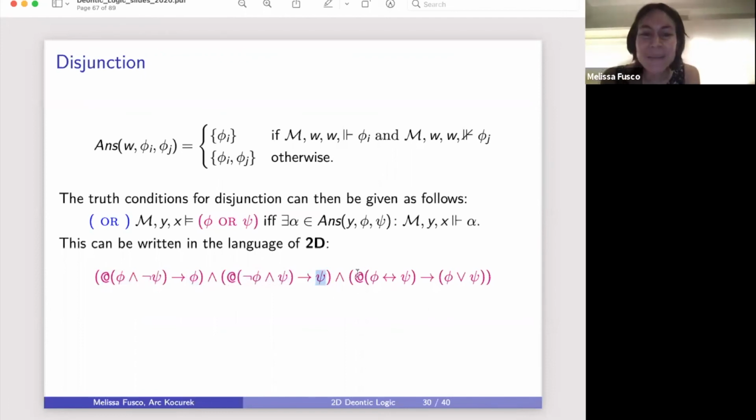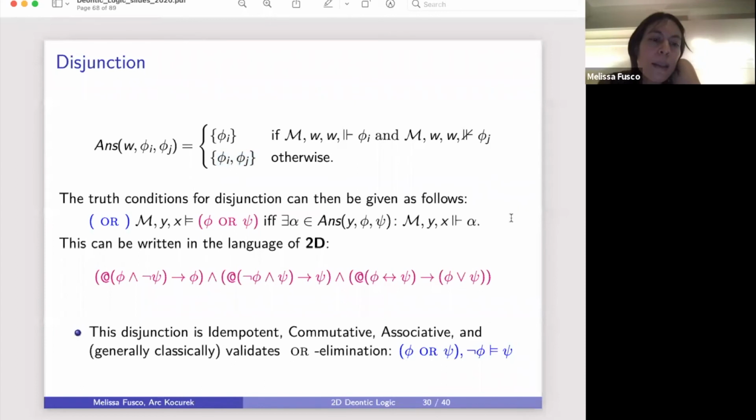But if they're either both true or both false, then take the Boolean join. In other words, you'll get all of these, and then you quantify existentially over it. So or isn't a primitive in the language, because it can be written like this.